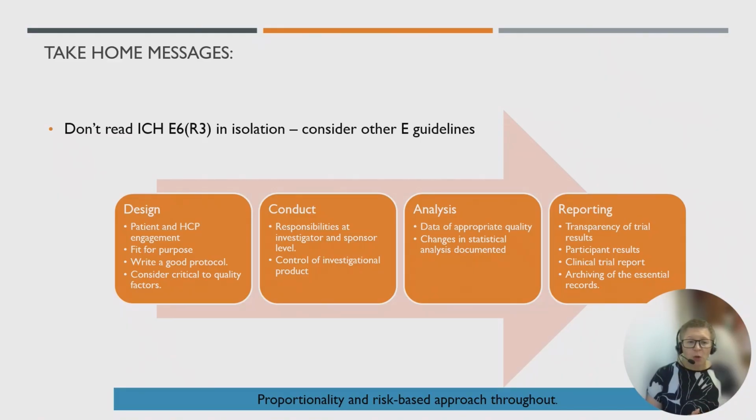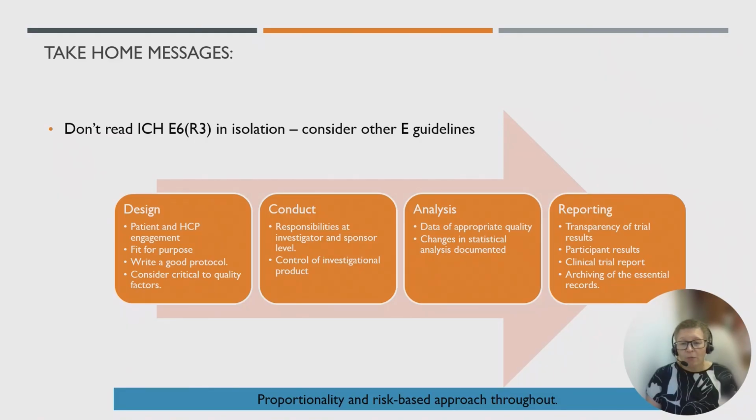I didn't mention too much about reporting in terms of transparency. There is an expectation that all clinical trials are registered on publicly accessible databases, and of course the results need to be posted.